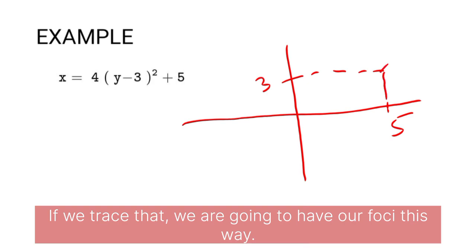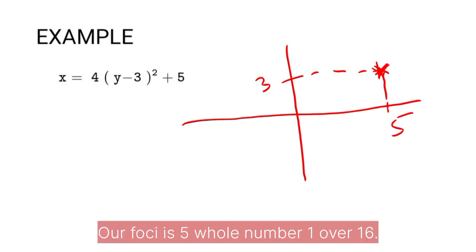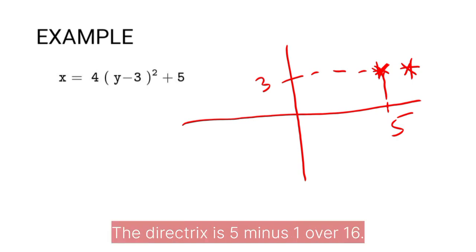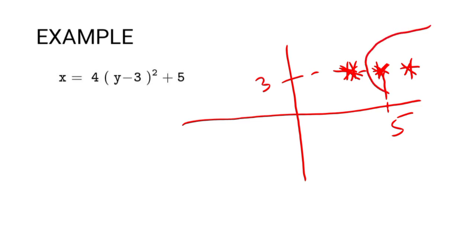If we trace that, we are going to have our focus this way. Our focus is 5 and 1 over 16, which is somewhere here. Then our directrix is 5 minus 1 over 16, which is somewhere here.